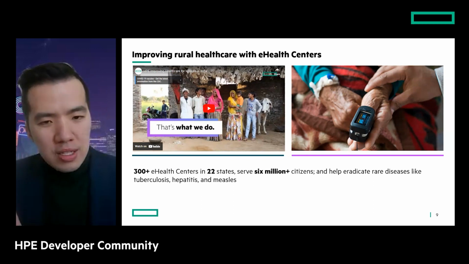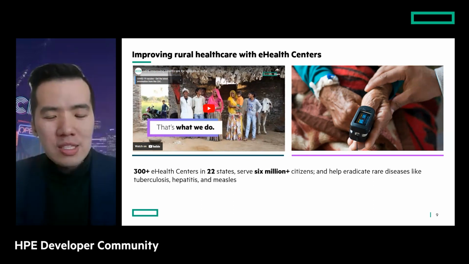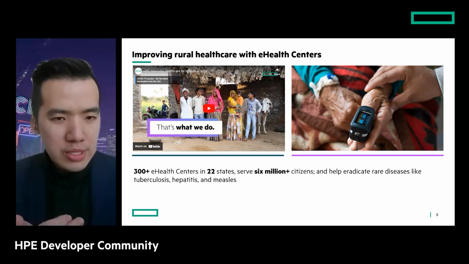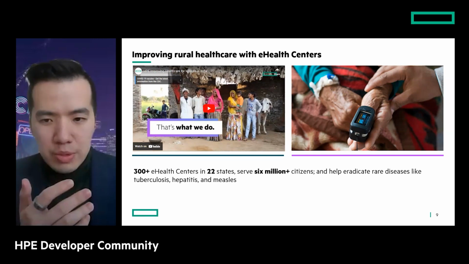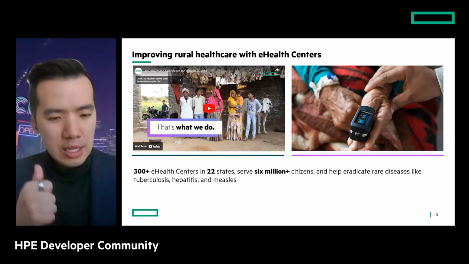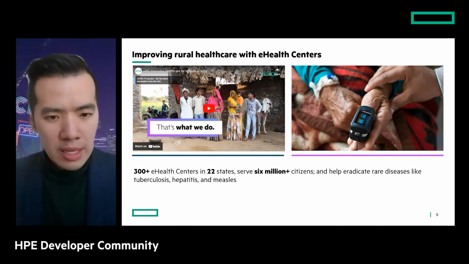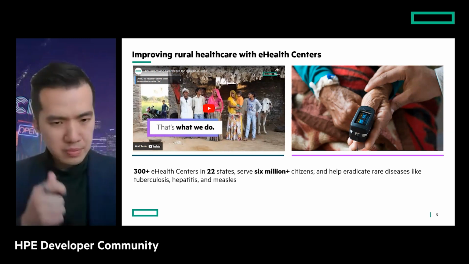With that, I'm going to pivot and move away from healthcare and now instead look at community resiliency. And again, with community resiliency, for us at HPE, it means, can we bring clean and affordable energy to the masses? And through that, can we strengthen disaster resiliency as well, right?